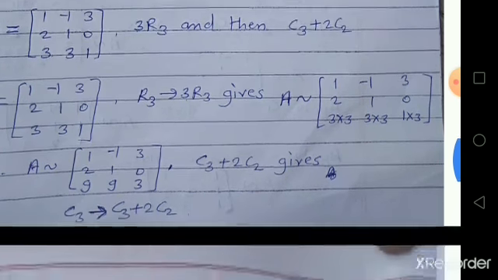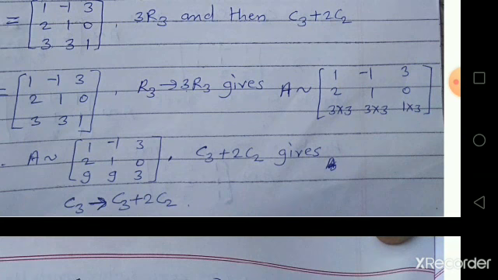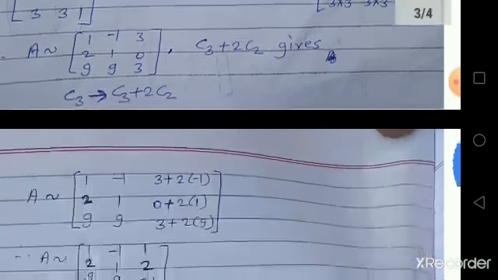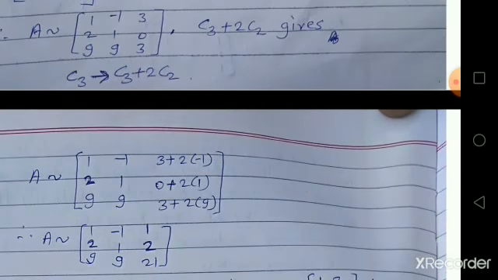Next, apply C3 plus 2C2, that is C3 implies C3 plus 2C2, so the third column changes. A is equivalent to first column same, 1 2 9, second column same, -1 1 9, and the third column is second column multiplied by 2, which gives -2, added to C3, that is 3 plus 2 into -1.